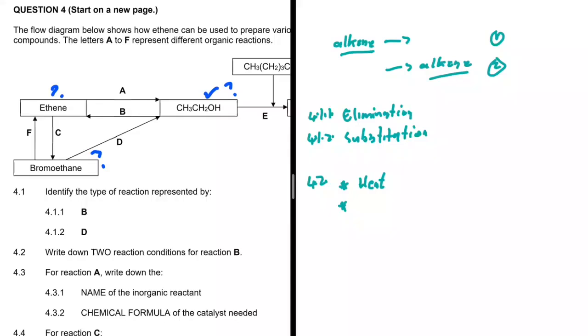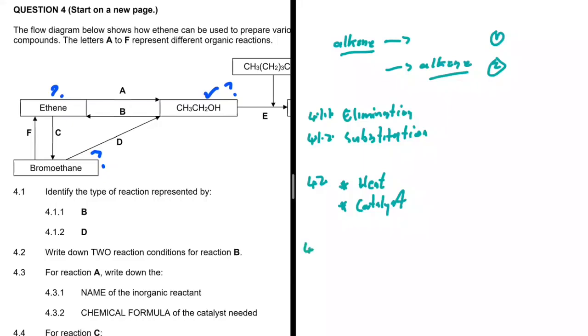So now let's find another reaction condition. So what is happening here? We have dehydration, right? We have an alcohol turning to an alkene. So we need a dehydrating agent, of which we can use a catalyst such as H2SO4. So we also need a catalyst as a reaction condition for this elimination reaction that we have.